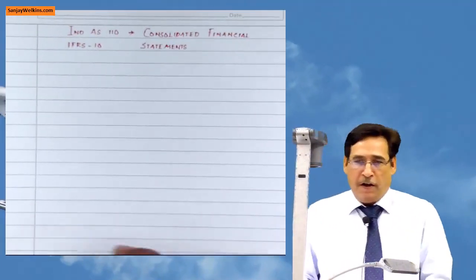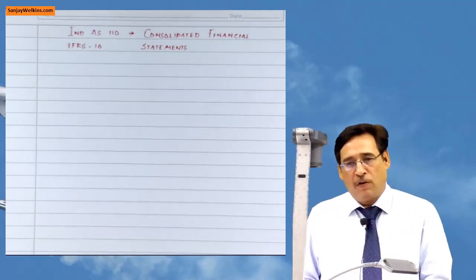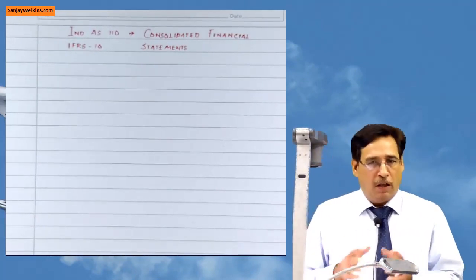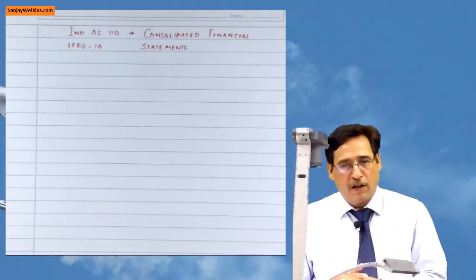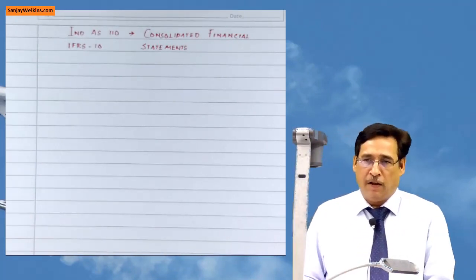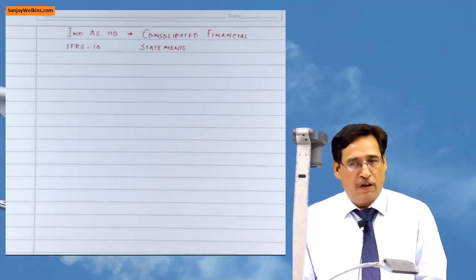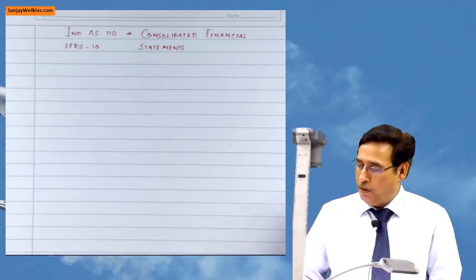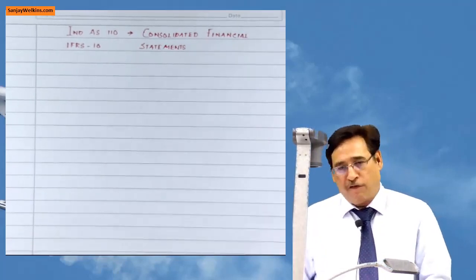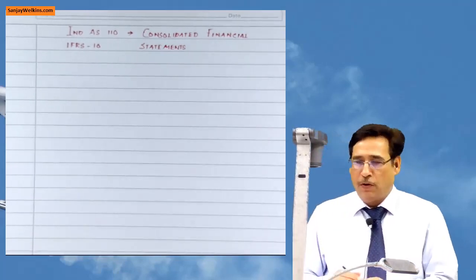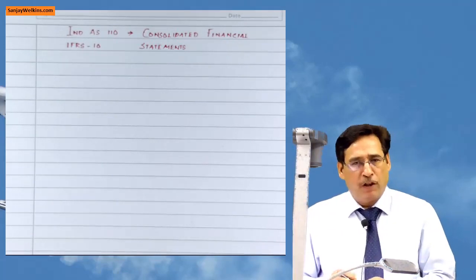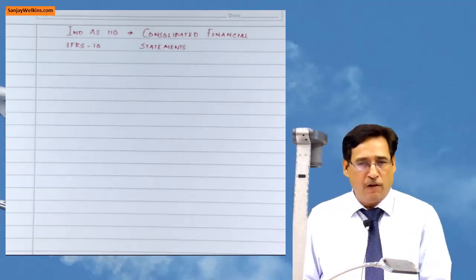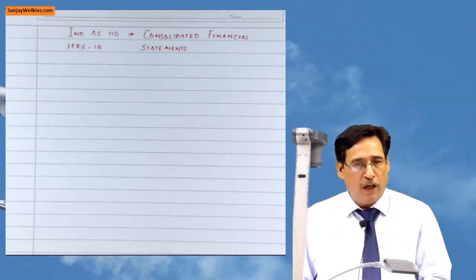I have already written, as you can see on your screens, Ind AS 110. In the Indian context, IFRS 10 is known as Ind AS 110, correct? It deals with consolidated financial statements, and you have heard about consolidated financial statements, I am very sure. First of all, we will pick up the threads right from scratch, and slowly and steadily move to the higher notches.